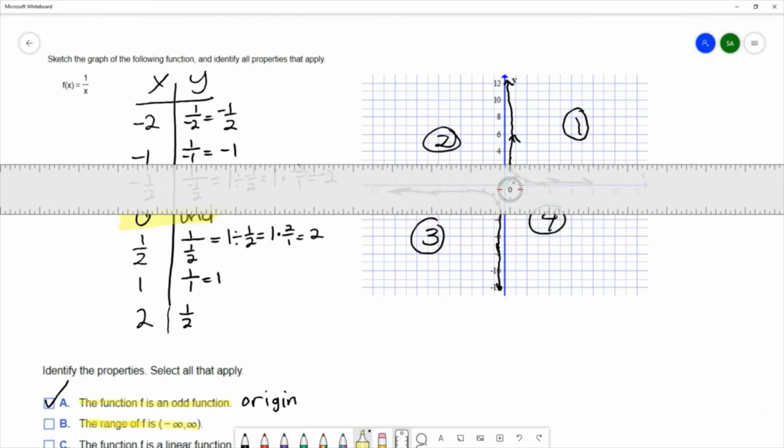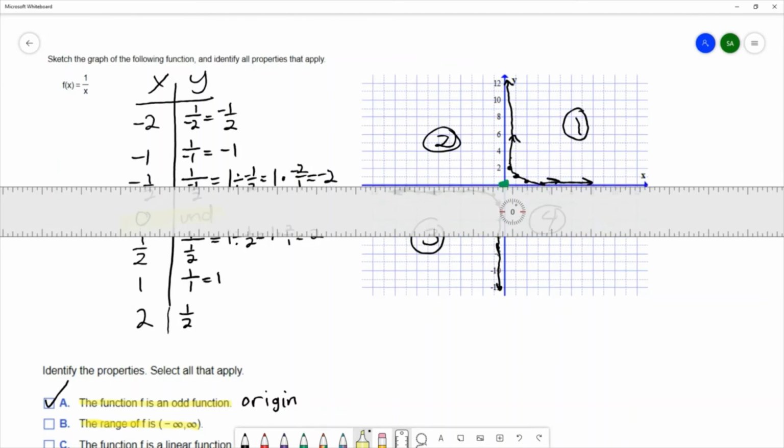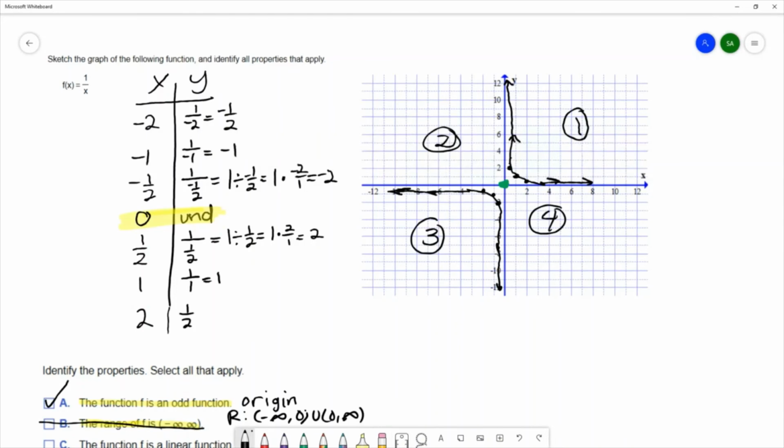So we never achieve a y value of 0, and so the actual range is -infinity to 0, union with 0 to infinity, and so we would not select this property for this function.